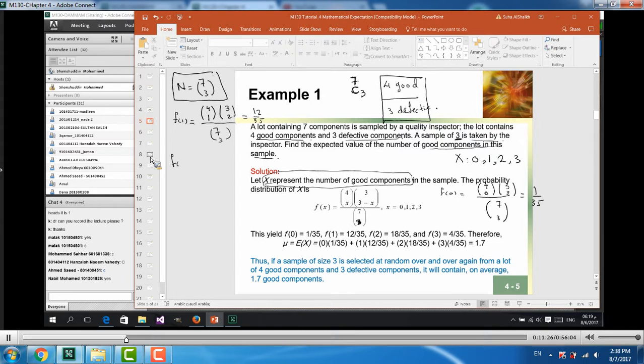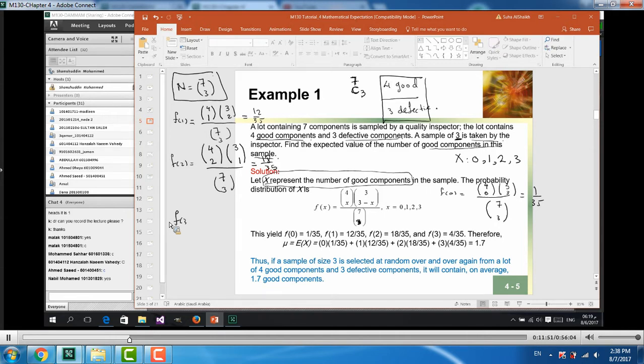Now the f at 2 means 2 of them are good, so it is 4 choose 2 are good. What remains is 1, because I'm choosing 3. So out of the defective I have 1, divided by 7 choose 3. You get this equal to 18 over 35.